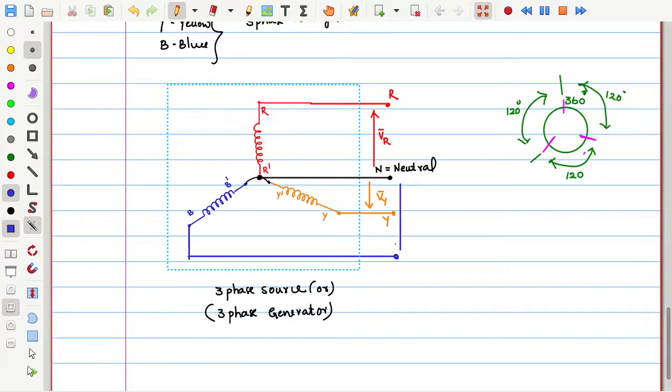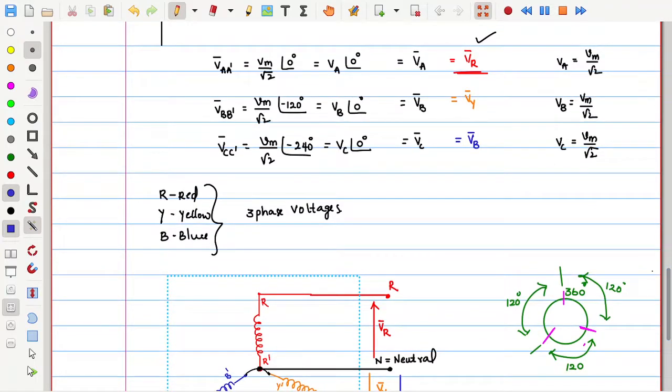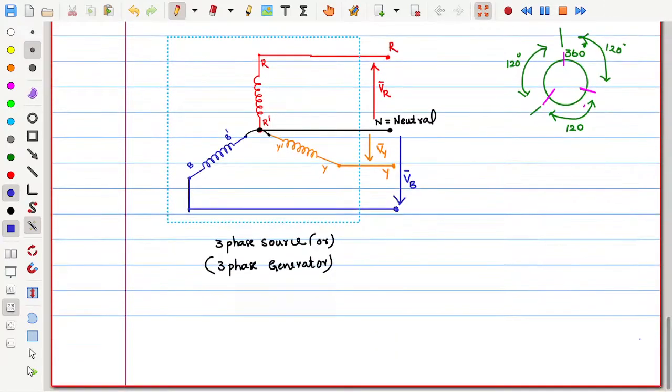Blue, from neutral to this blue color line, is the B phase voltage, which is VB. So these we call the three-phase generator voltages, which are R, Y and B, whose magnitudes and angles I already defined over here, and try to observe that all the voltage magnitudes are equal.